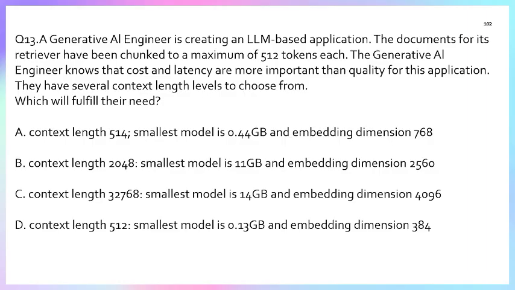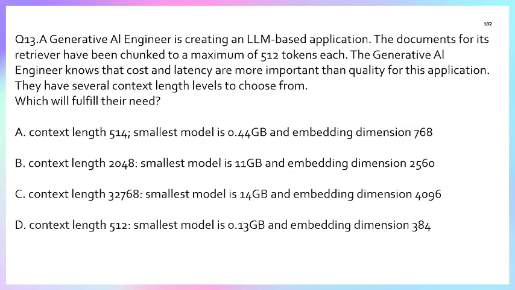Step one: since the document chunk is 512 tokens each, the model only needs to handle at least 512 tokens. The context length of option D is 512. This is exactly sufficient.